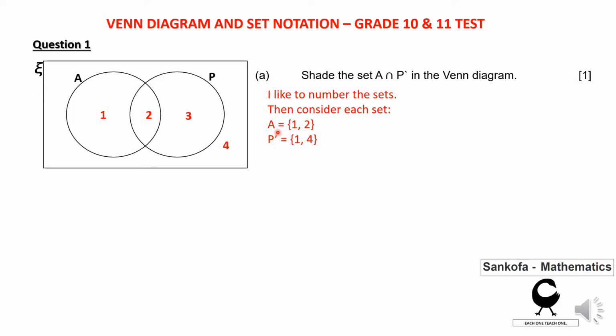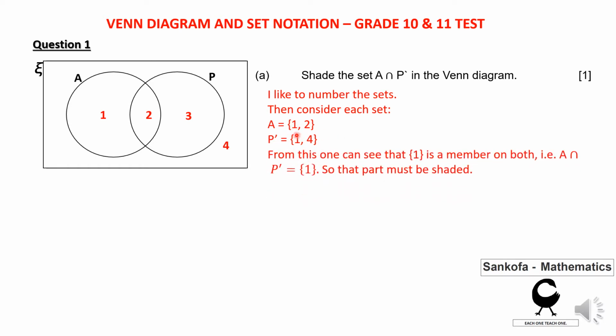Everything not in P is 1 and 4. Now the intersection means what do they have, what do they share, and as you can see, the 1 is what they share. So this 1 is a member or an element of both. So that means that is the part that you really need to shade. All right, there are other methods and styles, but I like to use this one.